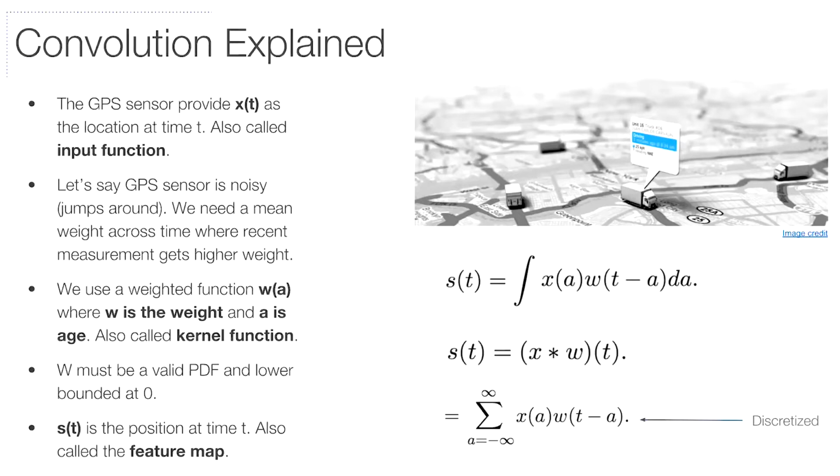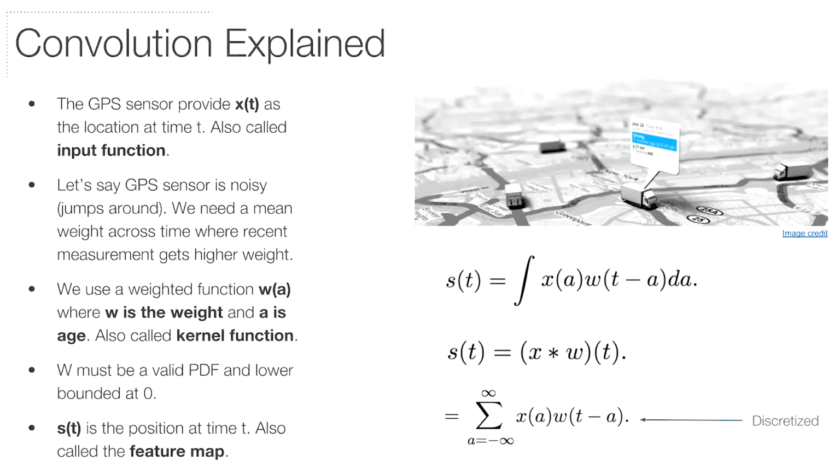So the GPS sensor, let's call its function the input function. It is a real valued input function. Typically, we are saying that x at time t gives you the real value, a continuous value, about the location of your truck. We say that's the input function. But because it's noisy, we are saying we need multiple readings.